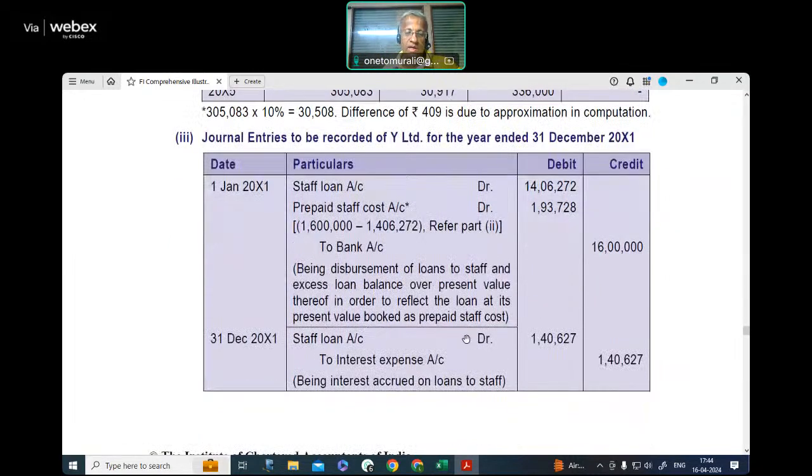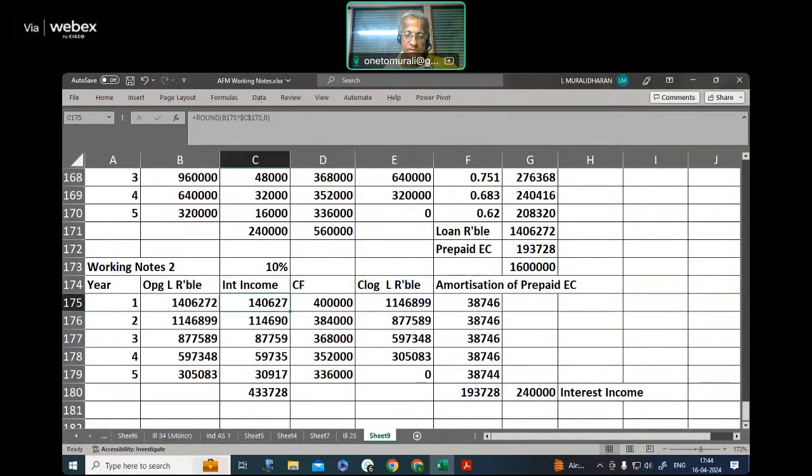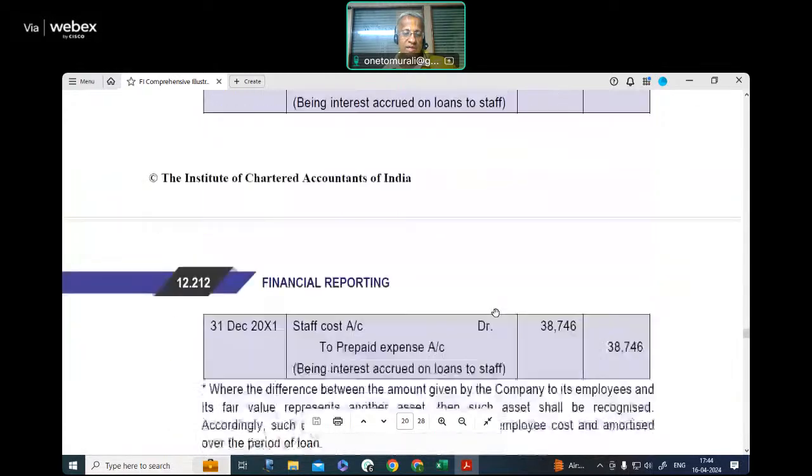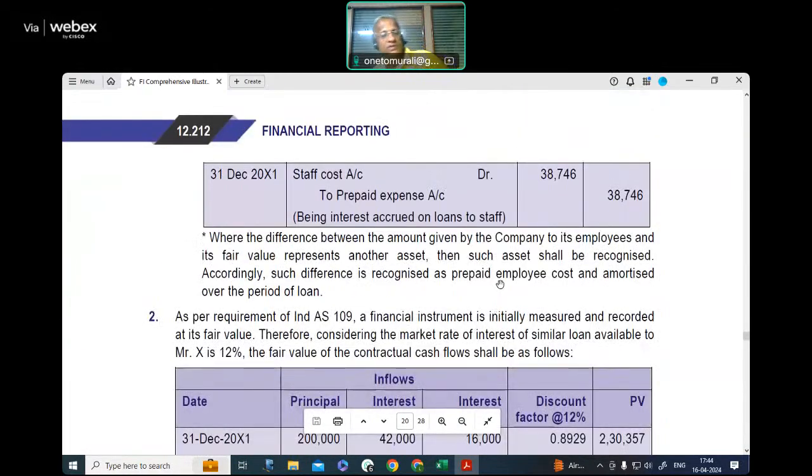And staff loan interest expense 140,627. And this way they just ran for the full term, and we have just run that through the period.